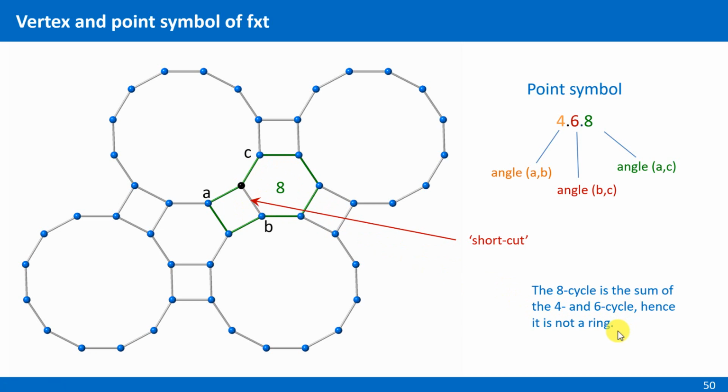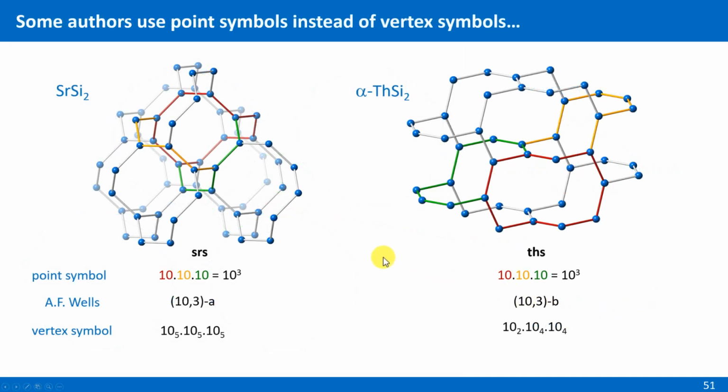The reason why some authors use point symbols instead of vertex symbols is that they can be written in a much more compact manner. However, it is not recommended to use point symbols, and this can be demonstrated with this example. There are comparably many nets which have the same point symbol.